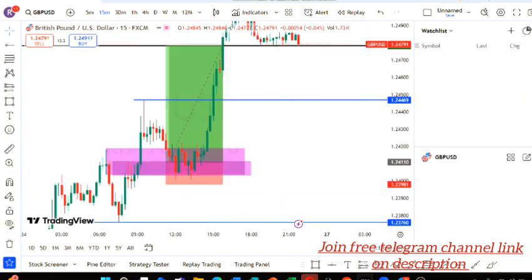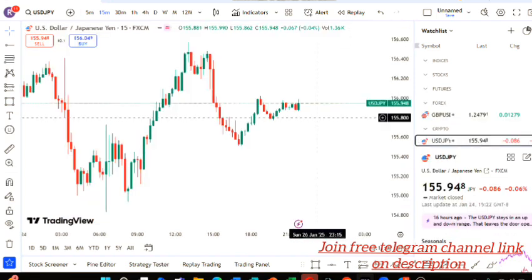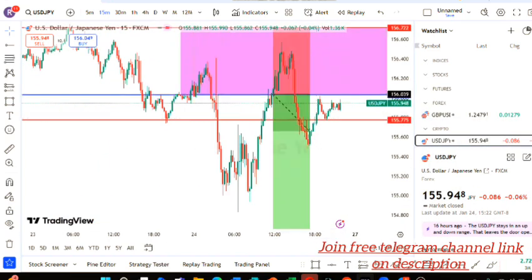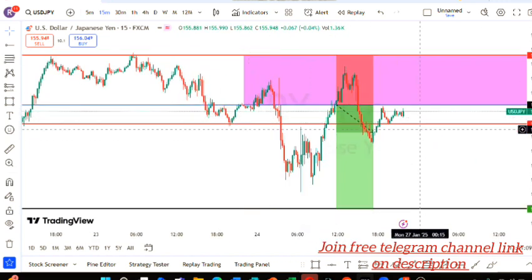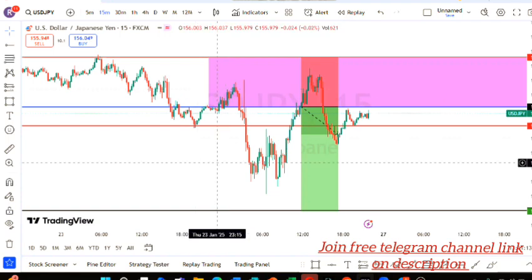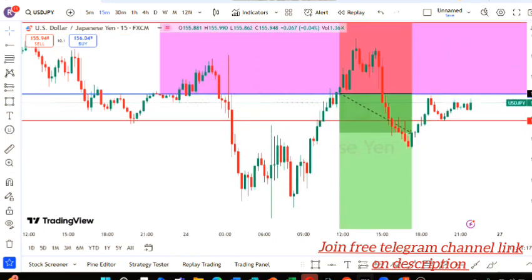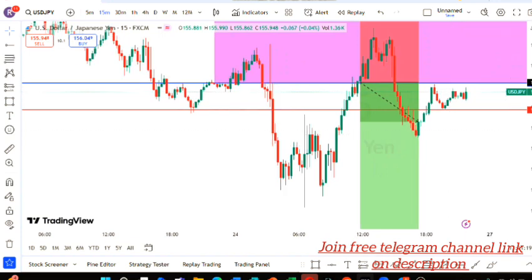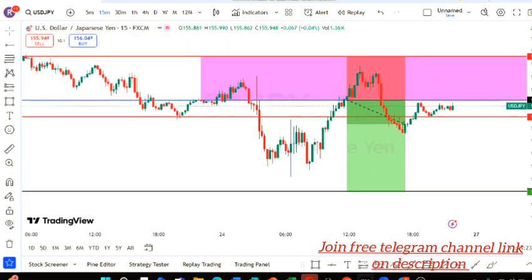Another trade was on USDJPY, and we closed the trade with profit, but the market is still moving to the downside. This is how my analysis always looks. It always has this purple zone. Every trade that I take, I normally document it on the free Telegram channel.